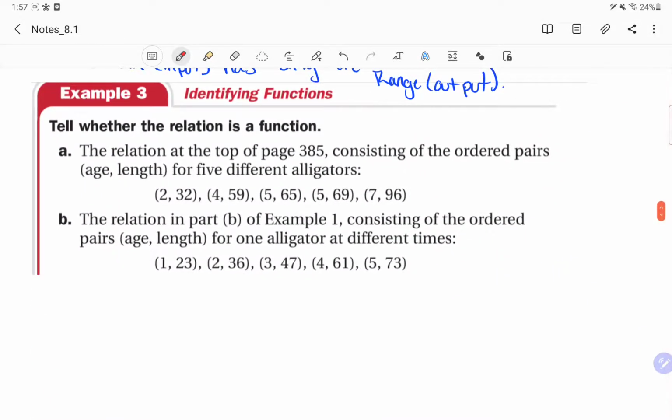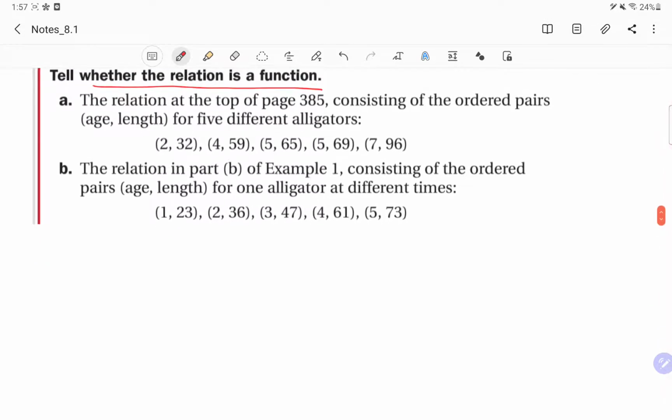So on example 3, that's what they want us to do. They want us to determine whether the relation is a function or not. All right, so I'm going to make some mappings. So I want to make a mapping for A. So my input or my domain, and here's my output or my range.